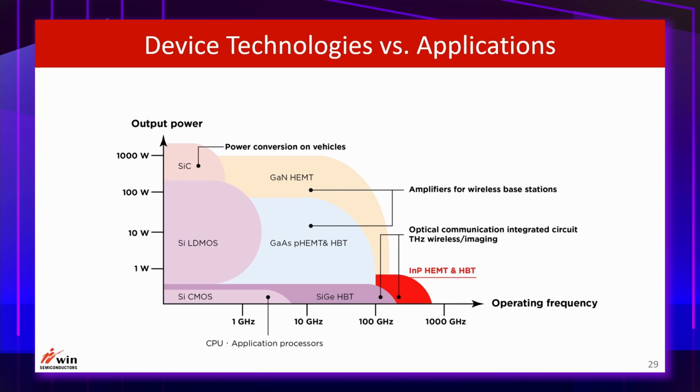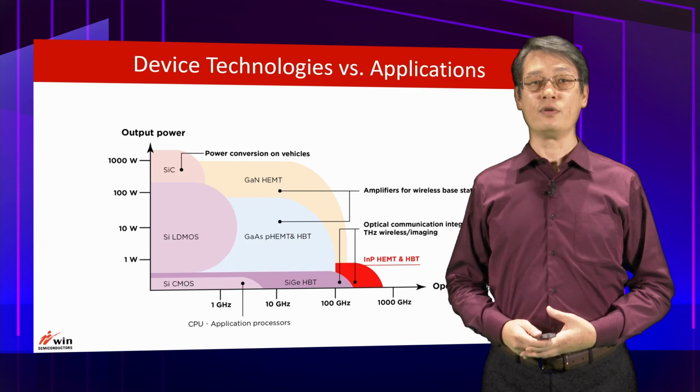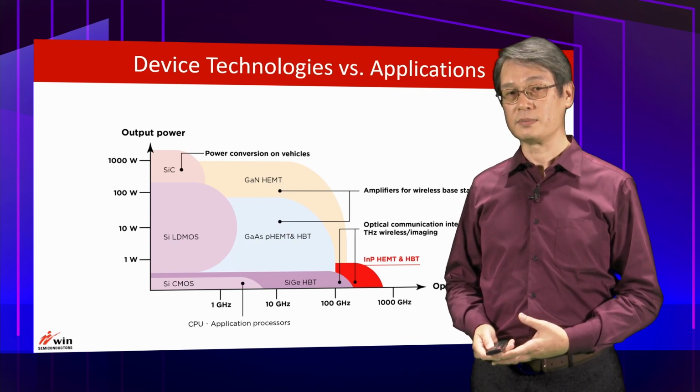This slide provides a plot of output power versus operating frequency for RF applications for various device technology and the associated applications. There's no one single technology that is good for every application. Therefore, the right device technology has to be carefully chosen for the targeted application.